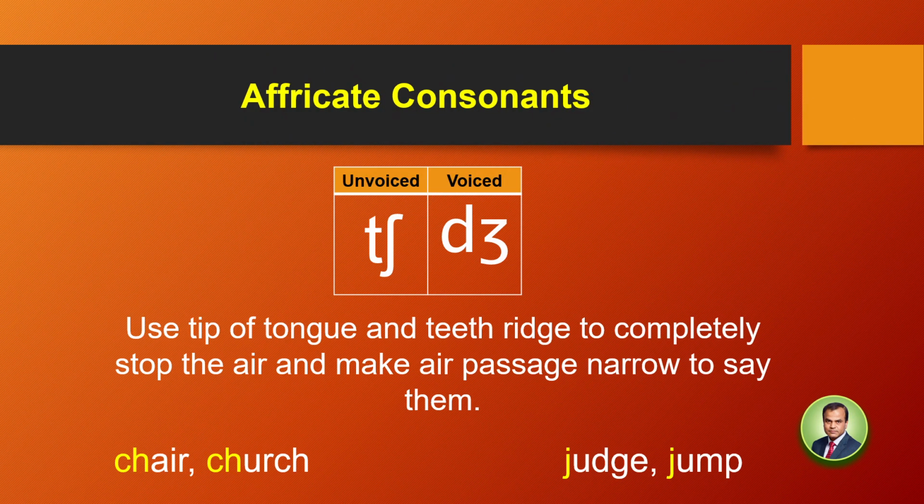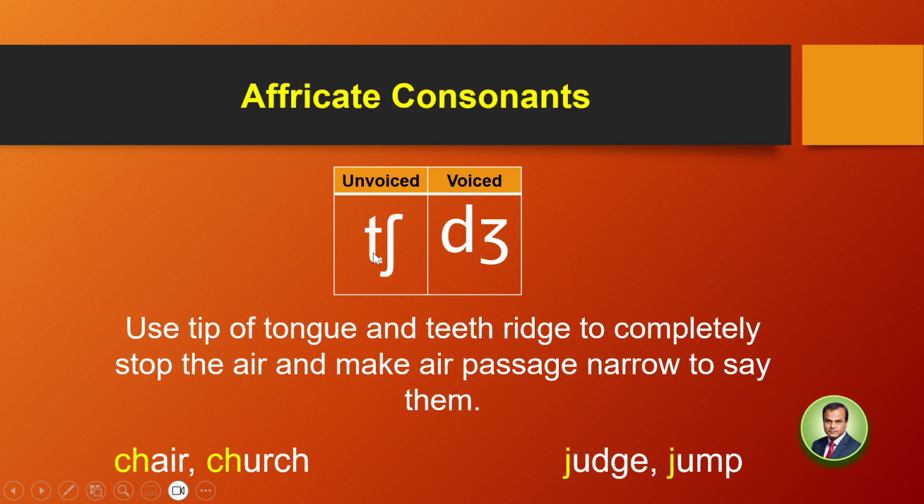We have only two affricate consonants in English phonetics, and we already know when we say an affricate consonant, we stop the air completely, but instead of suddenly releasing the air, we make the air passage narrow. So the two symbols you see on the screen are actually the combination of two phonetic symbols.